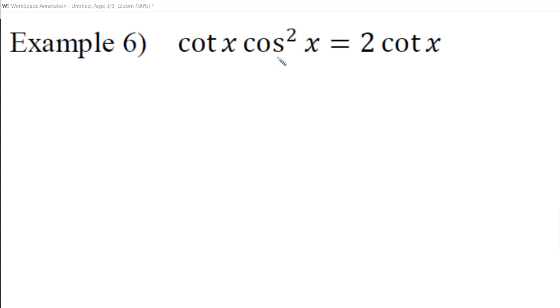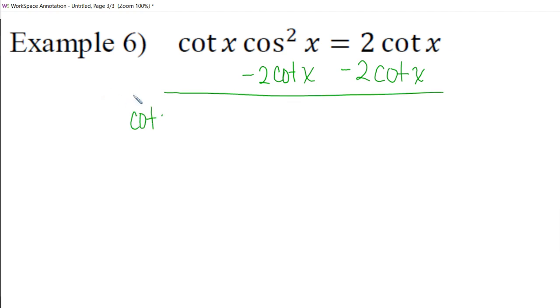However, we're going to go ahead and put them on the same side by subtracting 2 cotangent of x from both sides. And let's see what we would get. That gives us cotangent x cosine squared x minus 2 cotangent x equal 0.